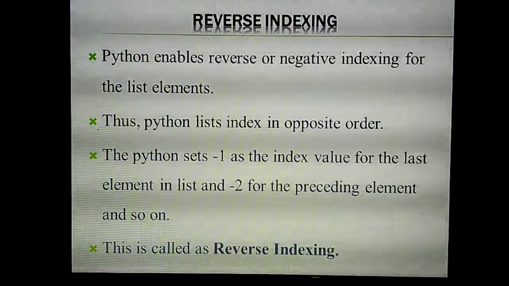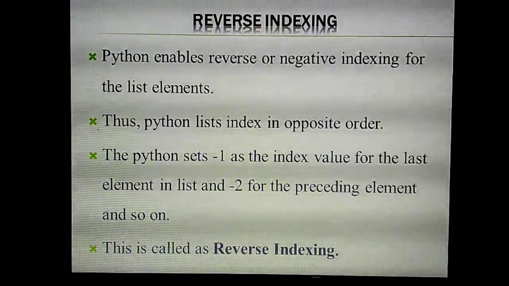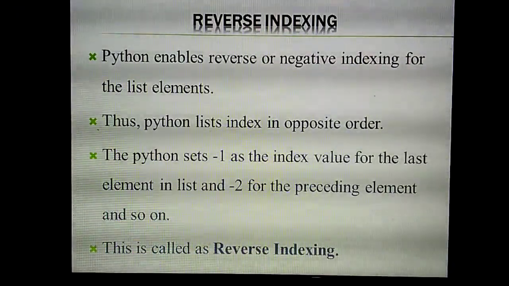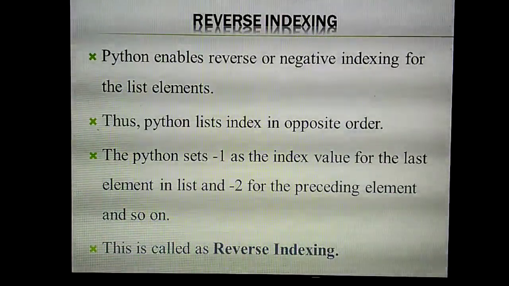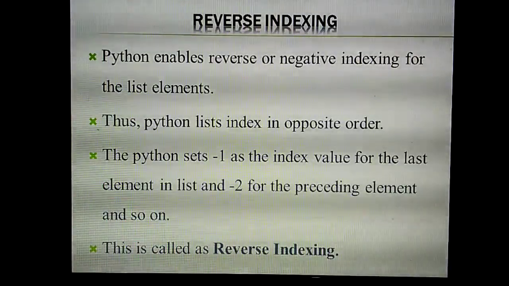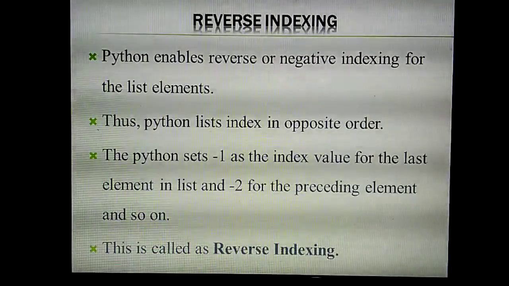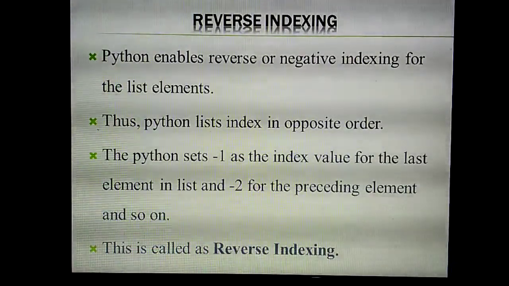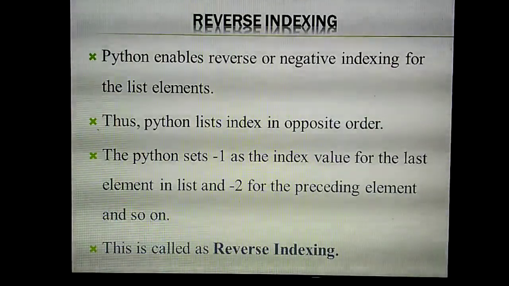Python enables reverse indexing for both strings and lists. The index value is assigned in reverse order, starting from -1 at the last element. The last element's index value is -1, the one before it is -2, then -3, and likewise it decrements.